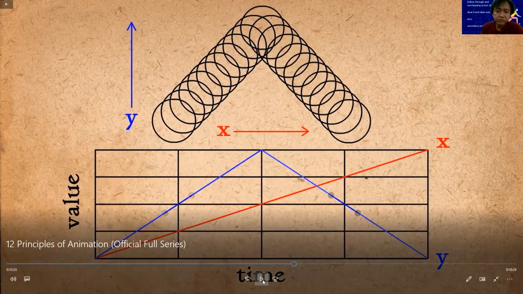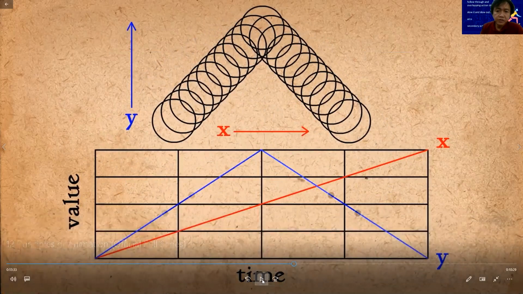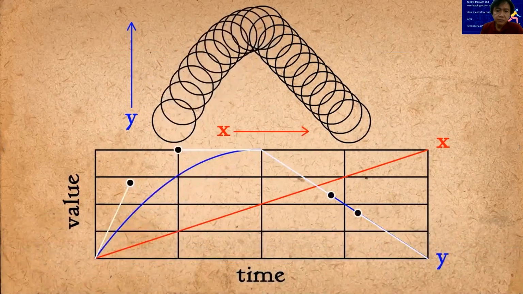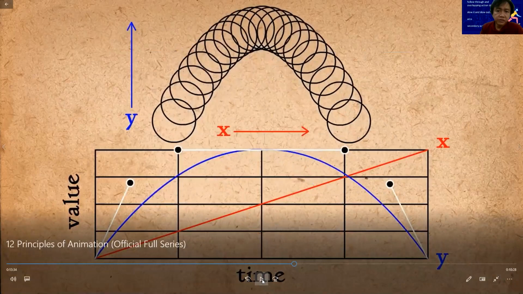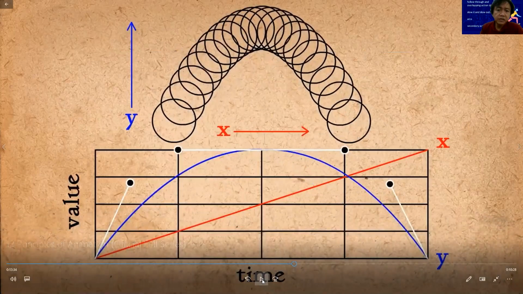So as you increase the movement, then you'll have an arc. A slow in and slow out. Okay, so that's the idea that the graph is showing here. You increase the value and the time is the same. This will give the ball its arc.